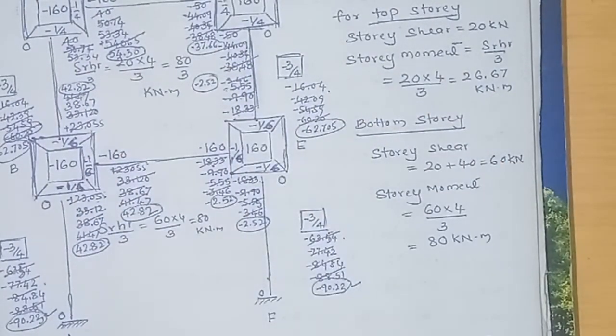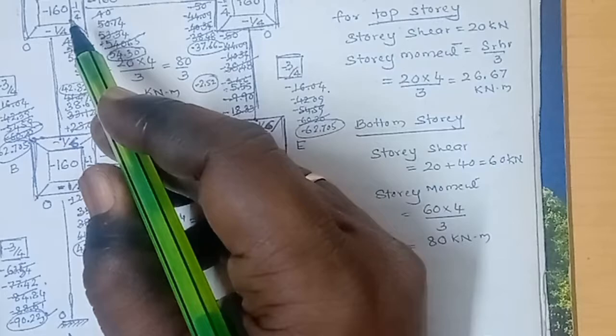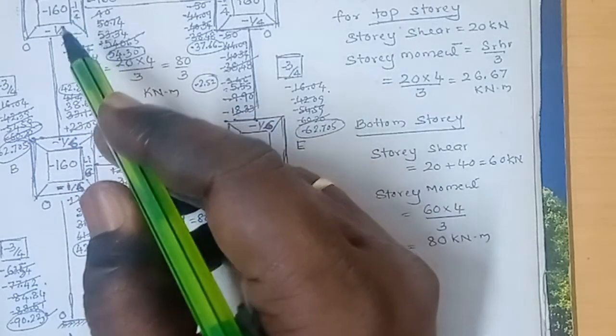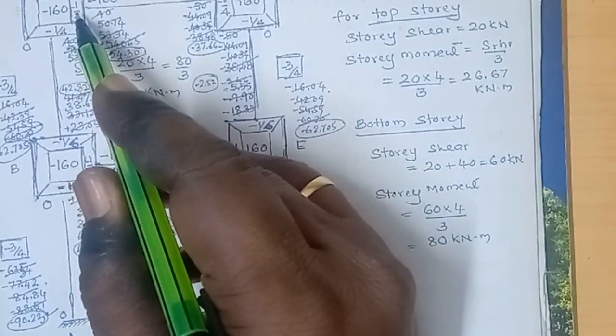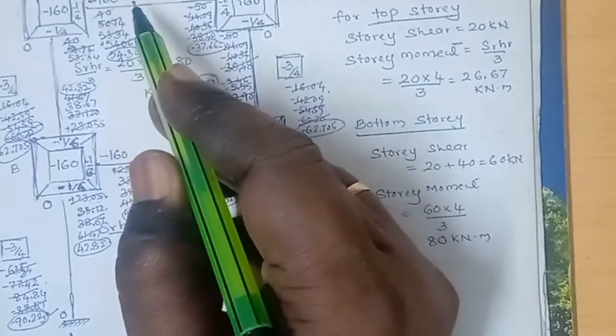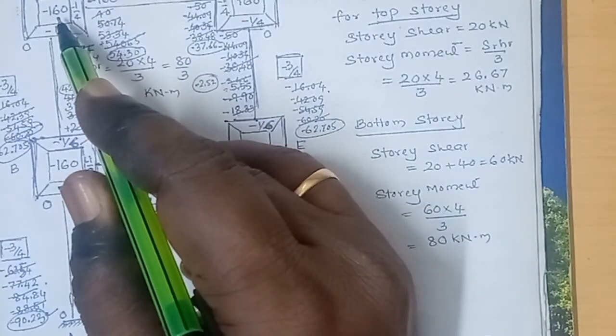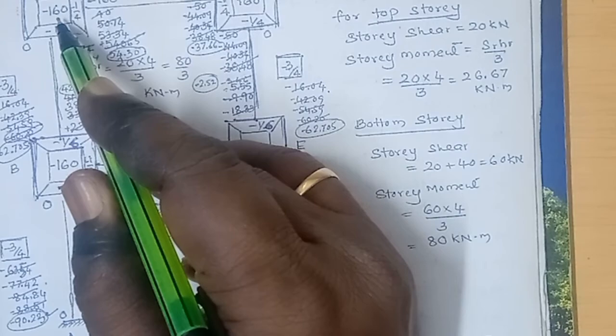Then we have to calculate the first cycle values of the rotational factor. First cycle value start from the joint C. Here the rotational factor is minus 1 by 4 for horizontal member CB. The sum of the fixed end moment is minus 160.